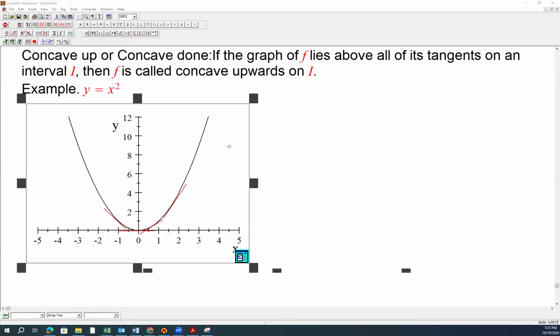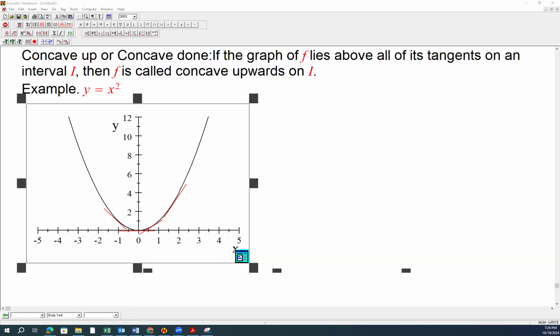All of these tangents are beneath the curve, and the curve is above all of the tangents, right? If the graph of f lies above all of its tangents on an interval, it doesn't have to be the whole curve, it's part of the curve that will make it called concave up. So this parabola is also called concave up.